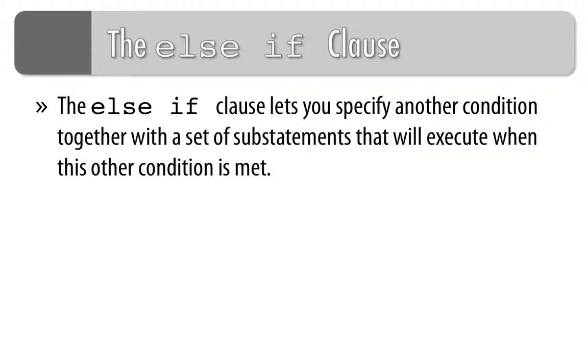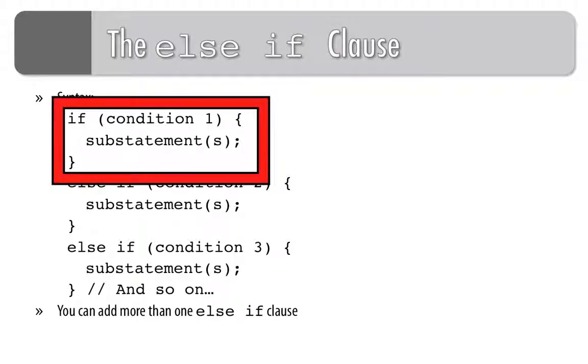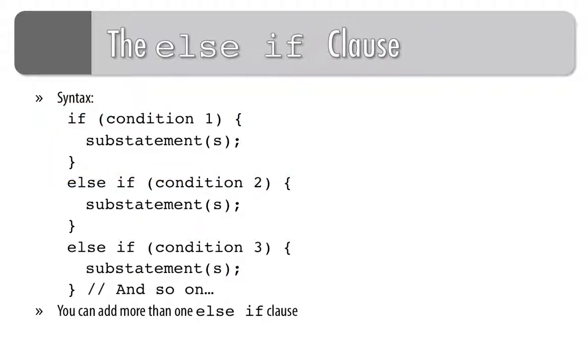We could use the else-if clause. The else-if clause lets you specify another condition together with a set of substatements that will execute when this other condition is met. Here's how it looks. You start off with an if statement with the first condition and the set of substatements that will execute when that condition is met.